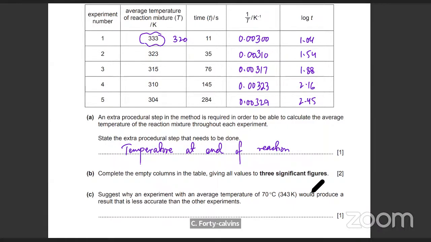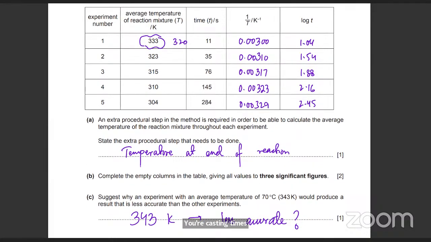Why would 343 Kelvins, if you do the above experiment, be less accurate? Remember, you're calculating time.